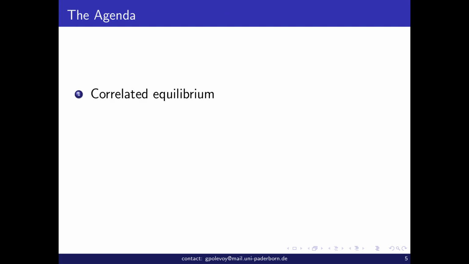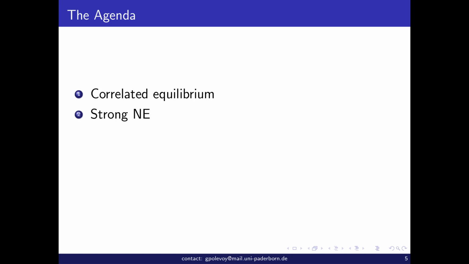So first, we are going to allow for dependency in randomization, which is going to be formalized in the famous notion of correlated equilibrium. Then we are going to study the coalition-proof stability, which is strong Nash equilibrium. So that's another direction.